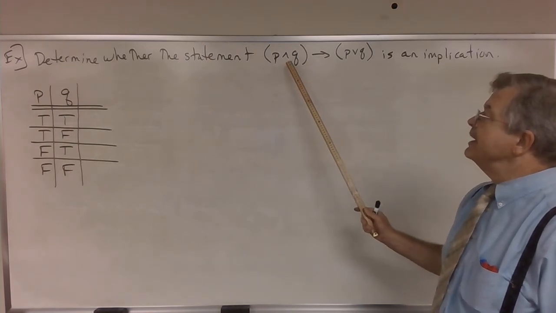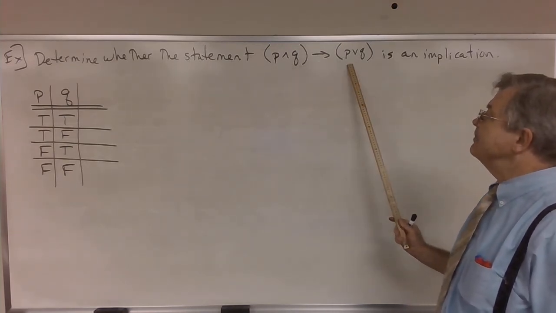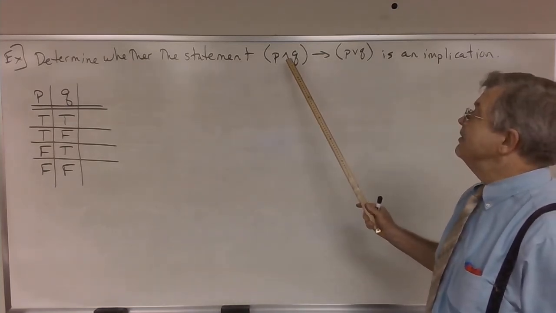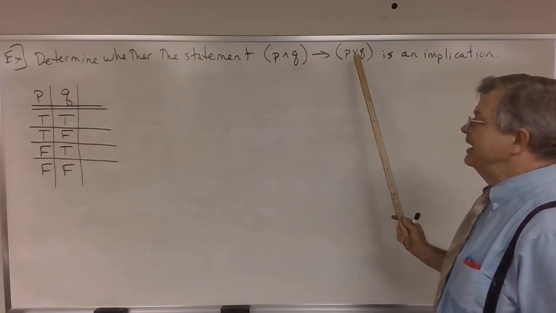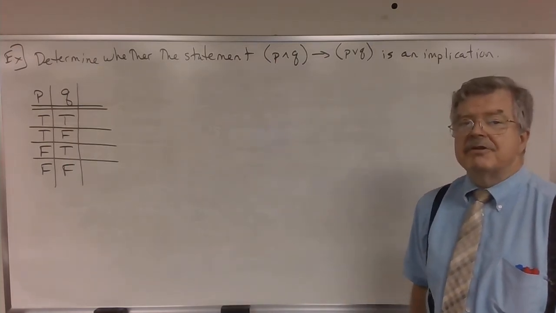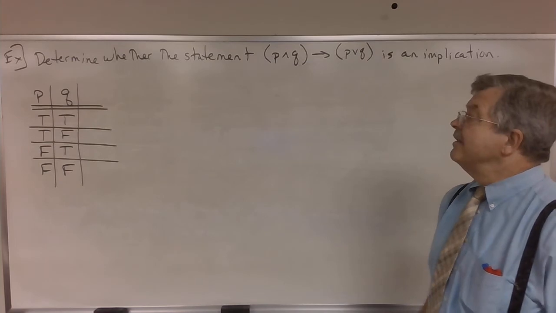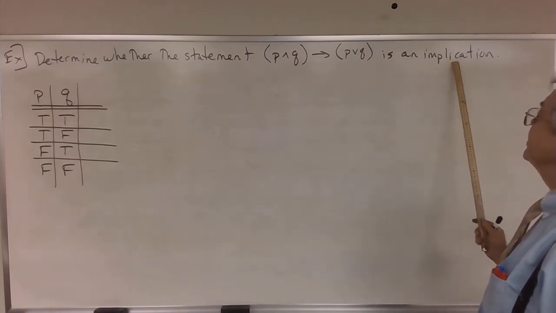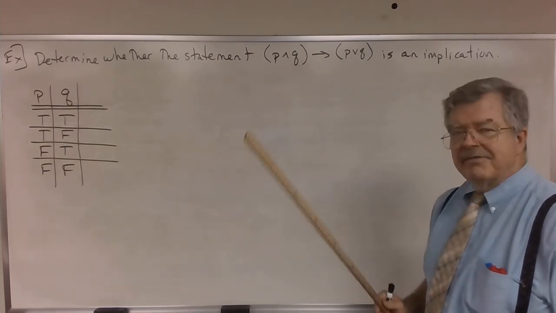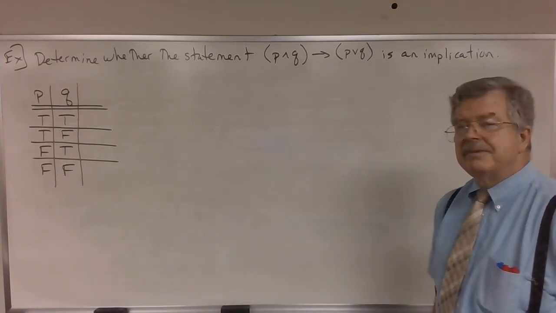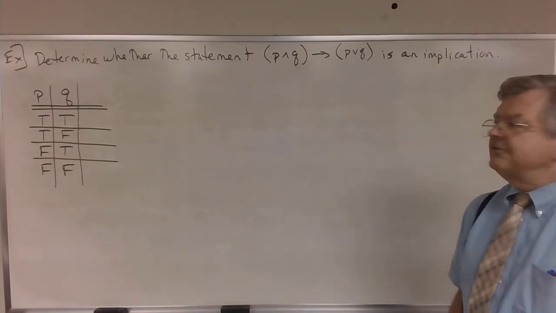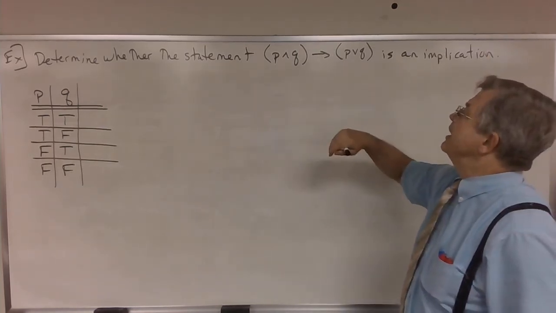It's of the form if this thing, then that thing, if then, or we could say this thing implies that thing. So if it turns out to be a tautology, then it will also be an implication. So let's do the truth table for this thing.